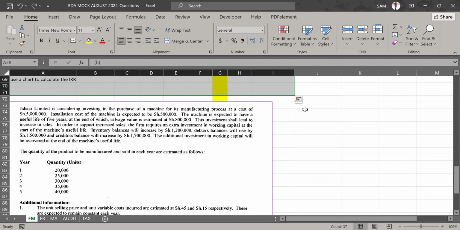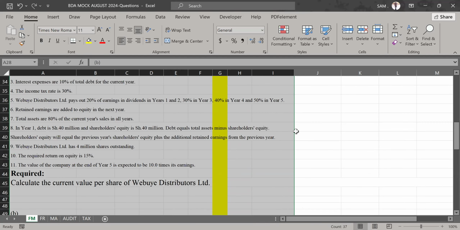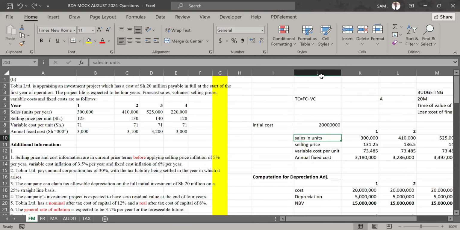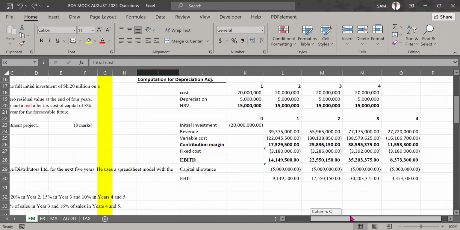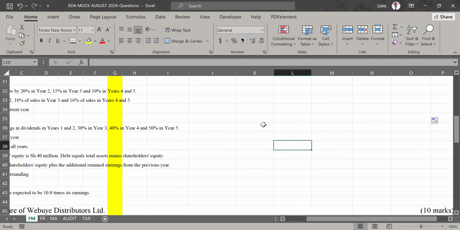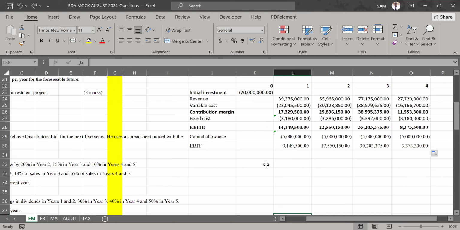I don't remember seeing any. No, we don't have any finance cost element. So even if we had a finance cost element, we would make sure we consider it. But having our earnings before interest and tax, let us now go ahead and charge our income tax.